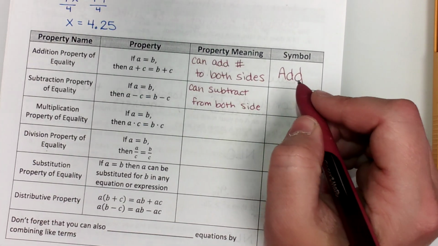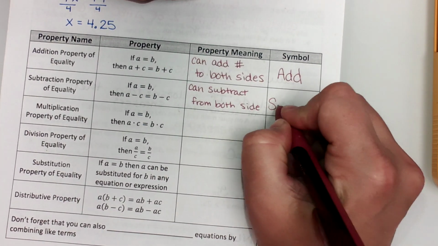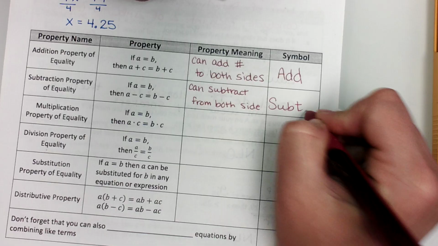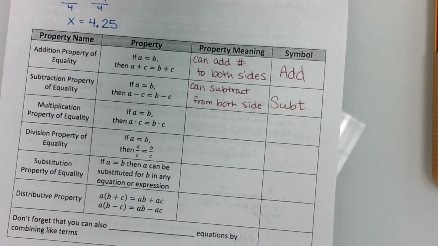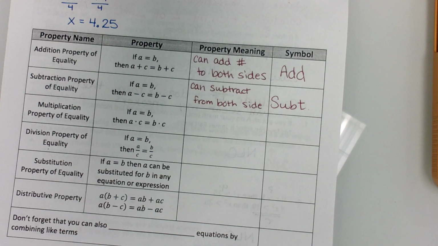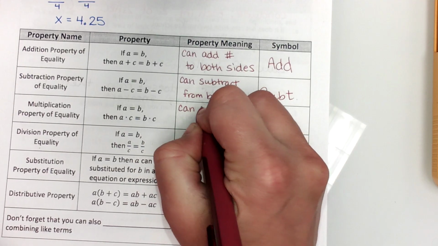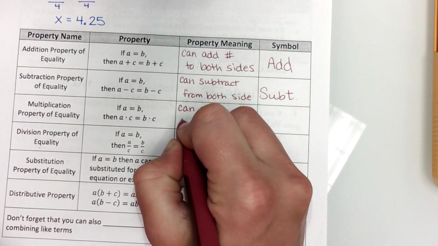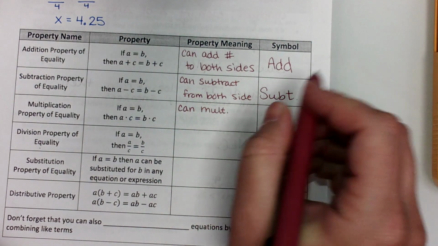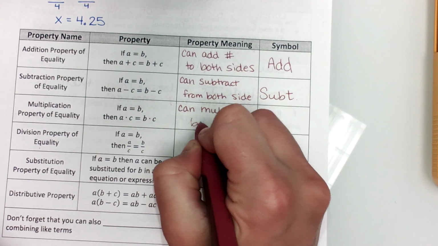Jace. Second one back. S, U, B, and you have to go all the way to the T for subtract because there's something else that starts S, U, B, so we have to specify between them. Multiplication property of equality, also very similar. We can multiply on both sides.